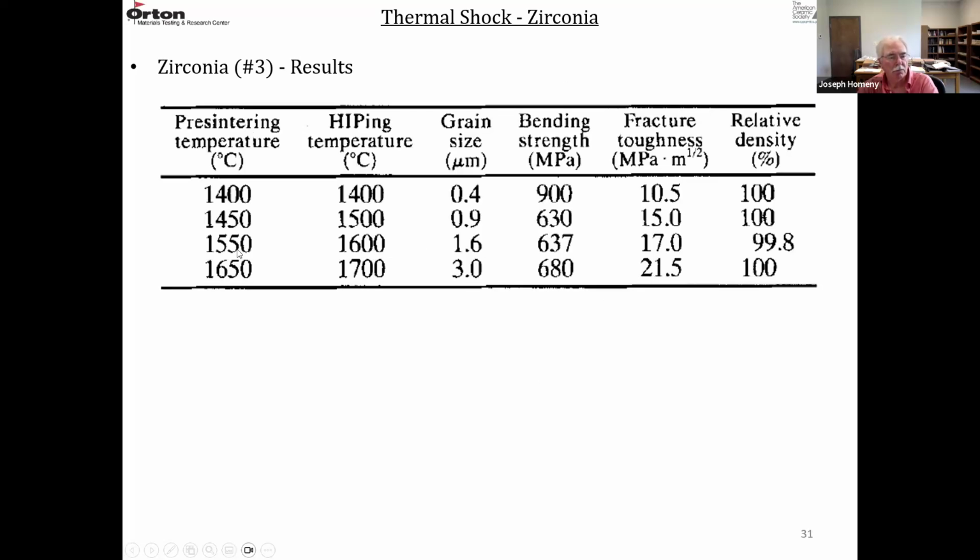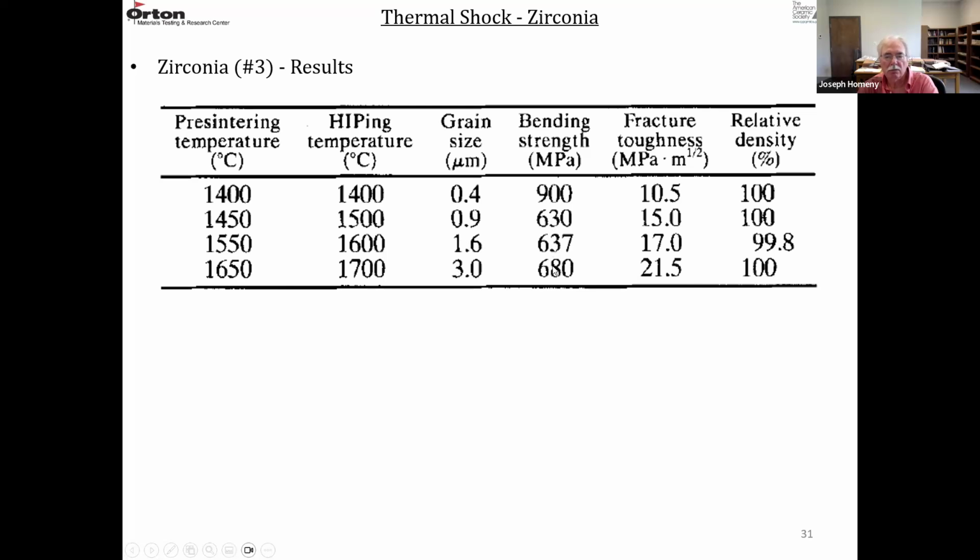So these were the pre-sintering temperatures. Then they were hot isostatically pressed. So they were pre-sintered, and there's still residual porosity here. Then they were hipped to densify them. The higher the pre-sintering and hipping temperatures, the bigger the grain size, from 0.4 all the way up to 3 microns.